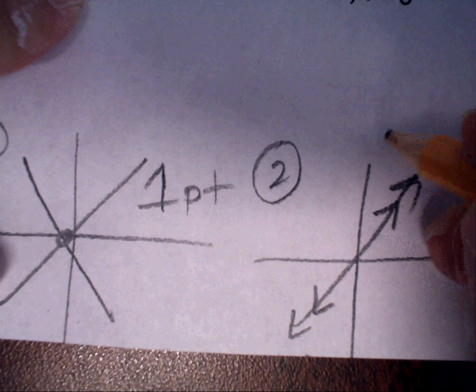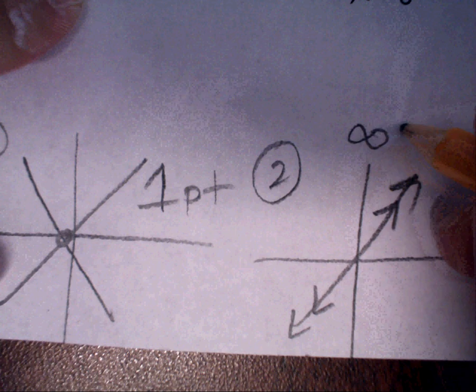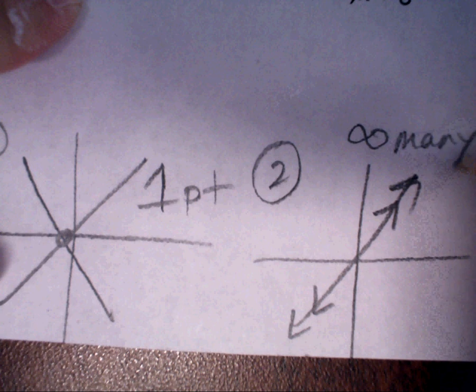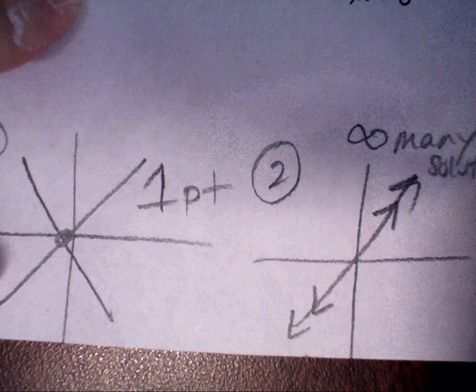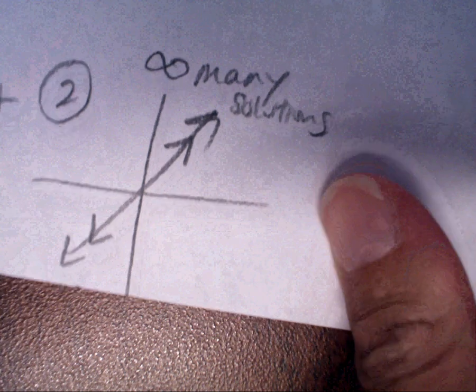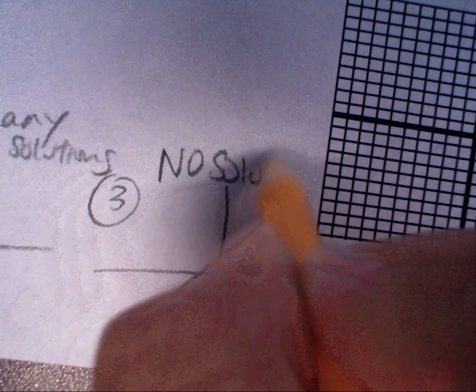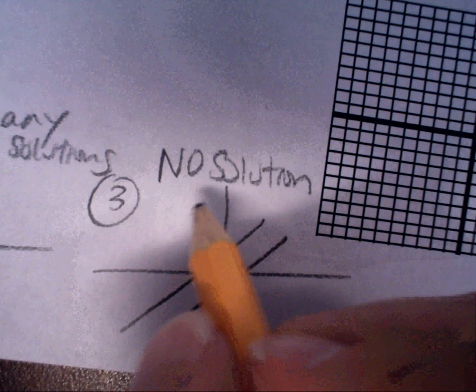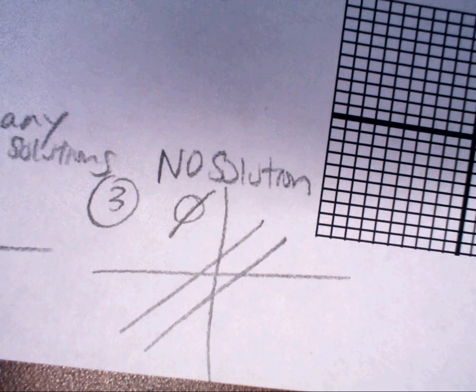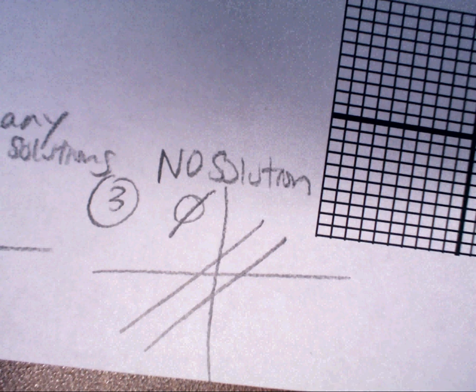Okay, it would mean that you have infinitely many solutions. And then scenario 3 would mean you have two lines that are parallel, meaning no solution. Right? No solution.